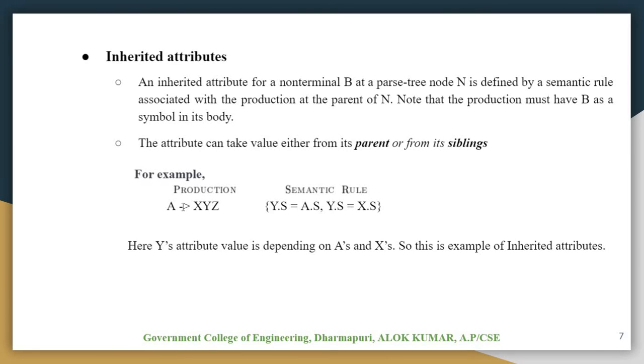Suppose we have one production rule, A generating XYZ. We can write the semantic rule in this manner: Y.S, where S is the attribute of Y, equals A.S, or X.S. Means we are finding the value of this with the help of its parent or its siblings. So we will say this is an inherited attribute.